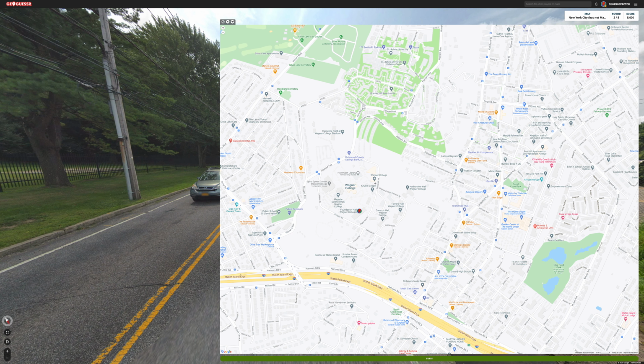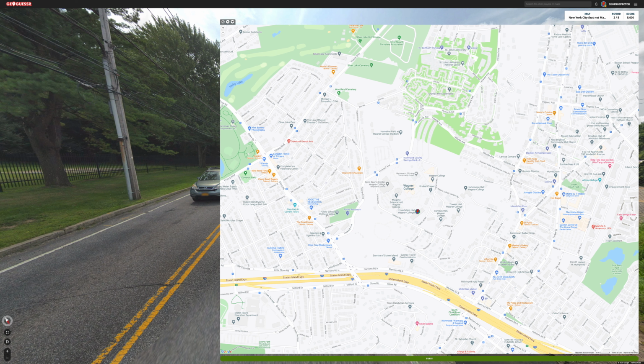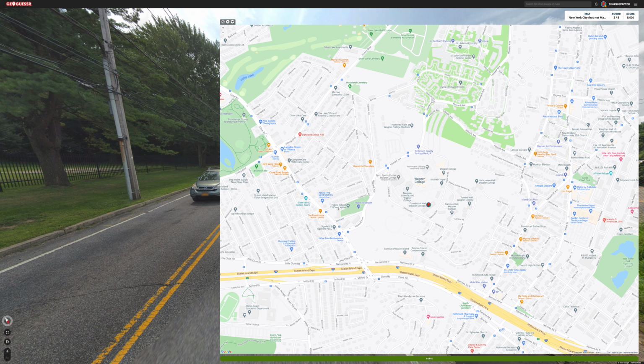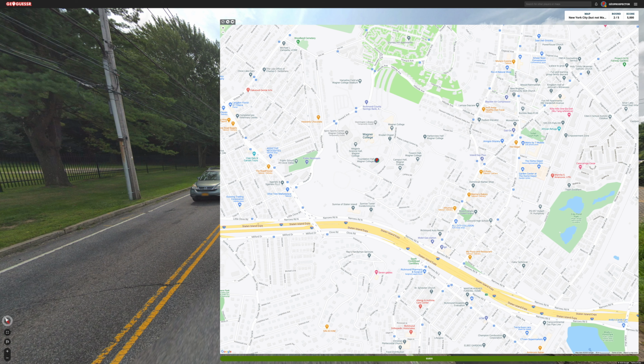Howard, Signal Hill, Wagner College, Cedar, Huysman, Longview, Inwood, Narrows, Clove, Howard. Huh. Victory Boulevard. I would have imagined we were on Clove Road, for example. That feels right, but maybe not.